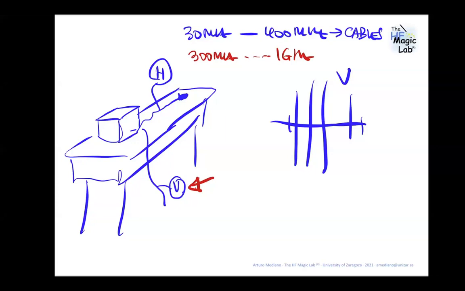So for vertical polarization, you will look for horizontal slots, and for horizontal polarization, you will look for vertical slots. It's the opposite, no? A horizontal slot creates a vertical electric field, and a vertical slot creates a horizontal electric field.